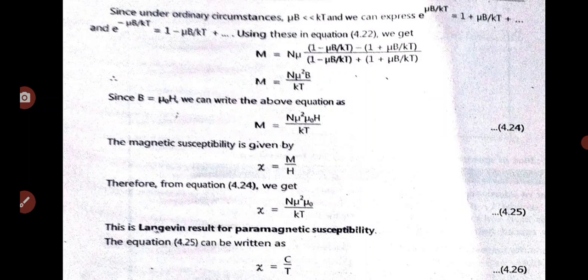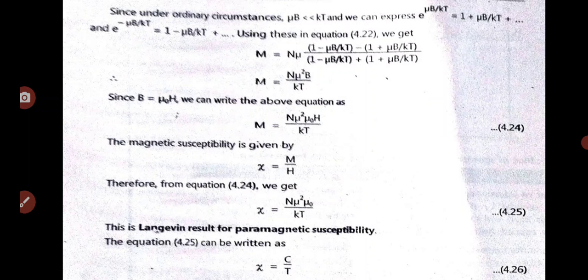Consider the circumstance where mu B is much less than kT, that is, the temperature is high. Then e to the power mu B by kT is 1 plus mu B by kT plus higher terms, and e to the power minus mu B by kT is 1 minus mu B by kT plus, and so on.